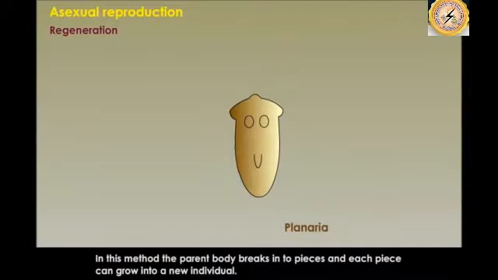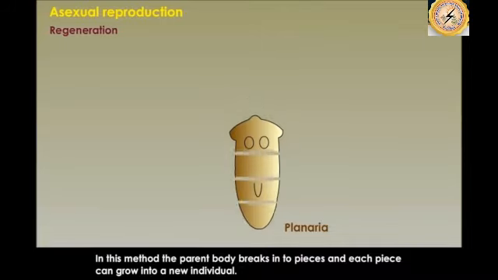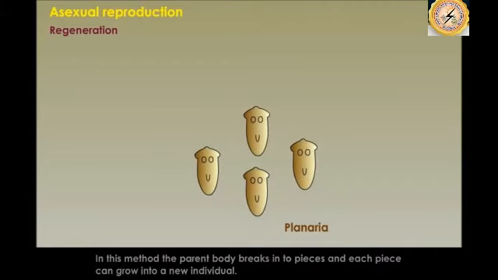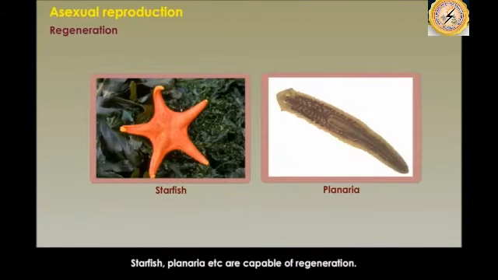Focusing on regeneration. In this method, the parent body breaks into pieces and each piece can grow into a new individual. Starfish, planaria, etc. are capable of undergoing regeneration. They regenerate the lost part.